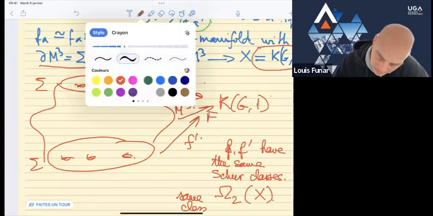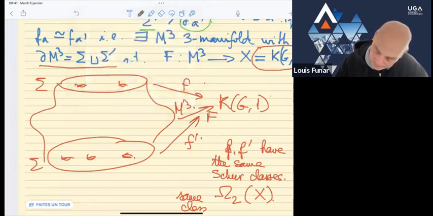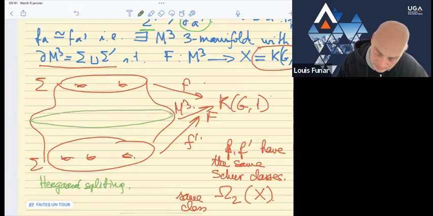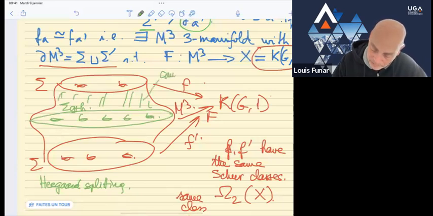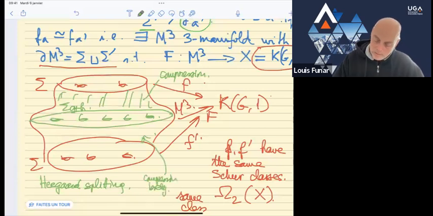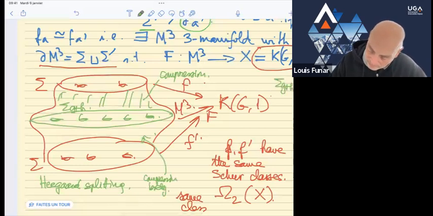And now I'm considering what's called a Heegaard splitting of the free manifold, which corresponds to some surface up here of big enough genus, which is, let's say, sigma G plus H. The fact that this is a compression body means it is obtained from sigma G plus H by adding one handles, and the other one is another compression body. So I obtain sigma G plus H.